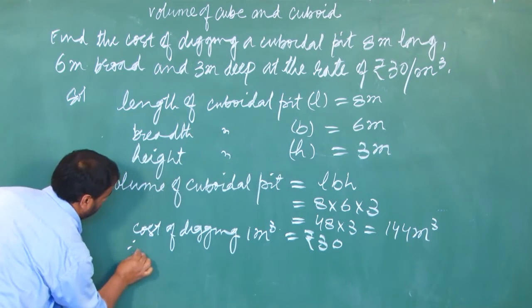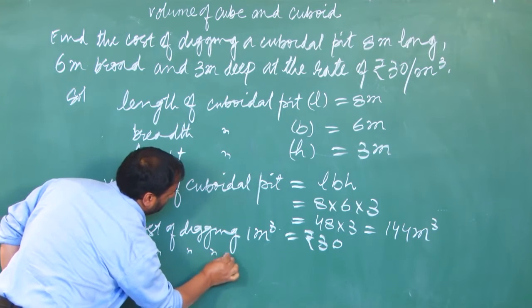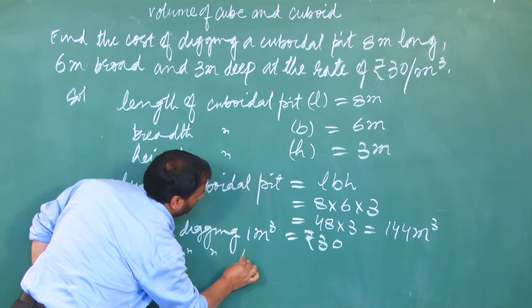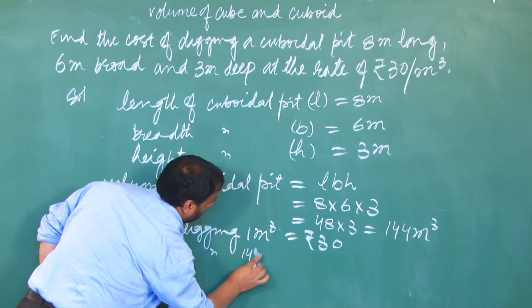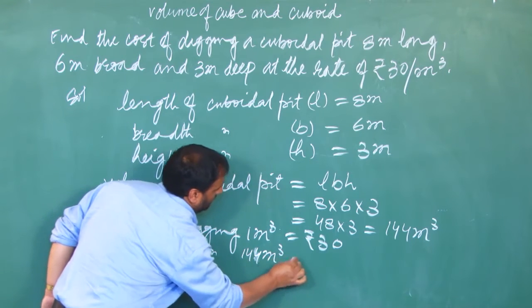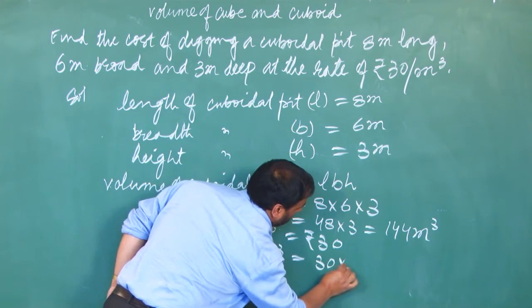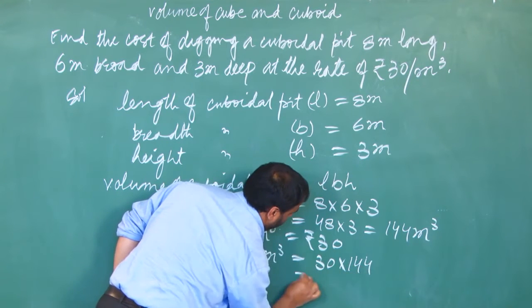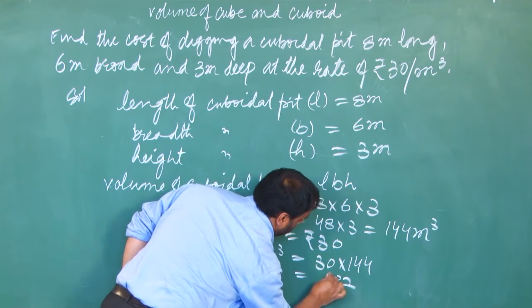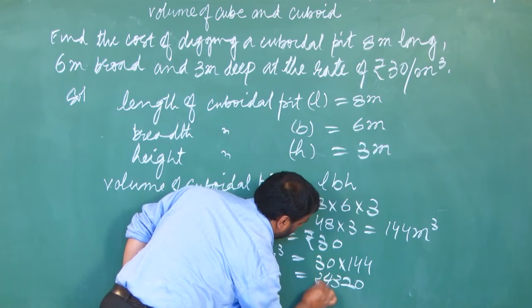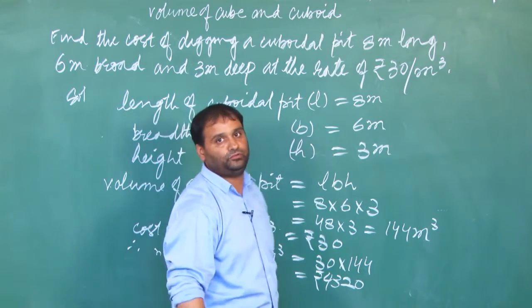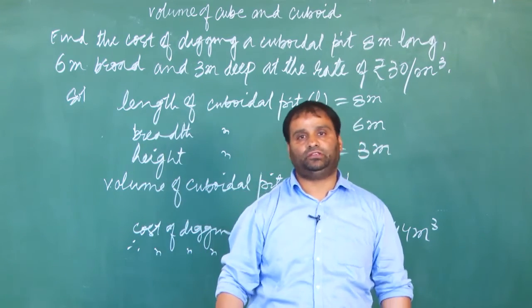Therefore, cost of digging this cuboidal pit, 144 meter cube, is 30 into 144, and put 0 in the end. It's 4,320 rupees. And this is the answer for that question.